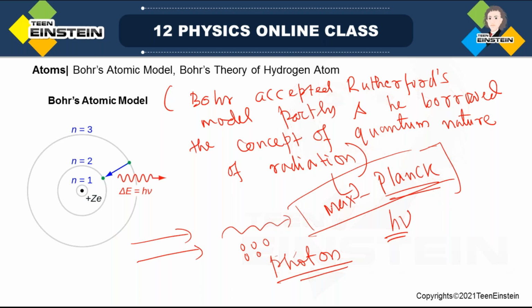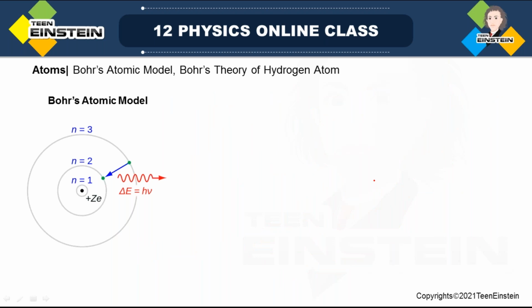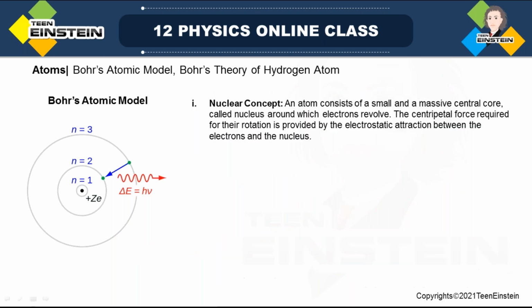This is the thing which we have used even in the case of the photoelectric effect. So here we have to use the quantum concept of radiation, and then, just combining these two concepts, Rutherford's model with the nucleus concept and the quantum concept of radiation, Bohr postulated that there are four postulates in Bohr's atomic model. We'll discuss them one by one.